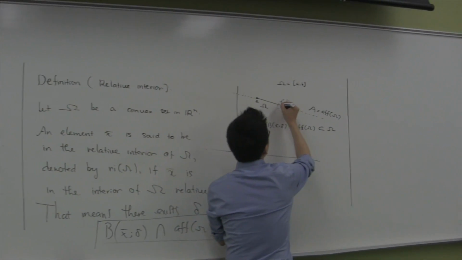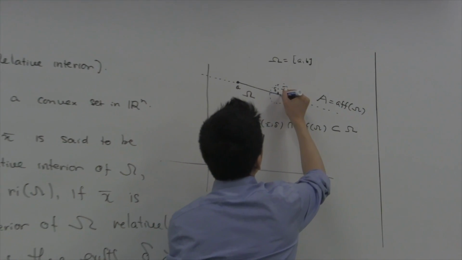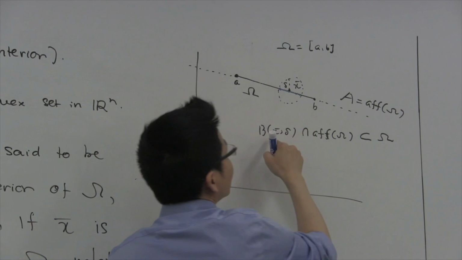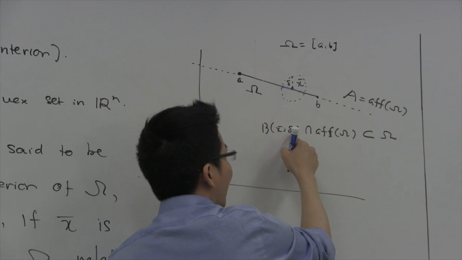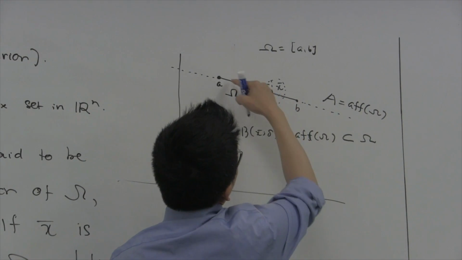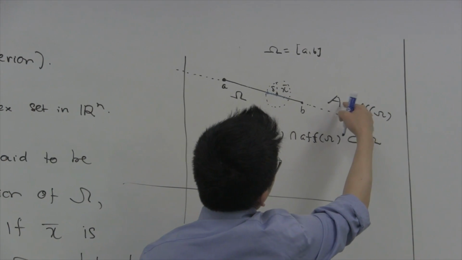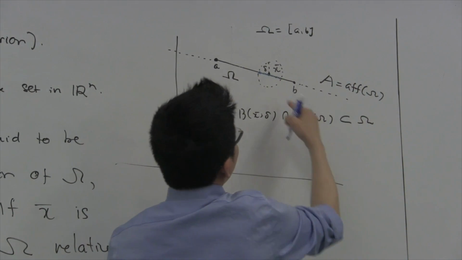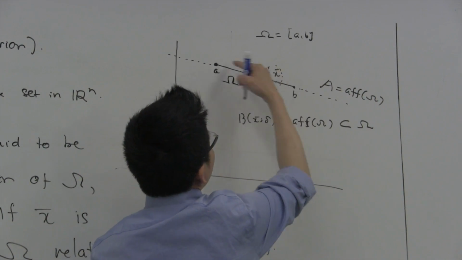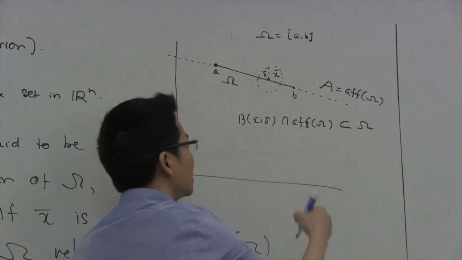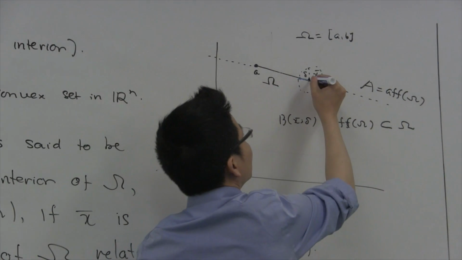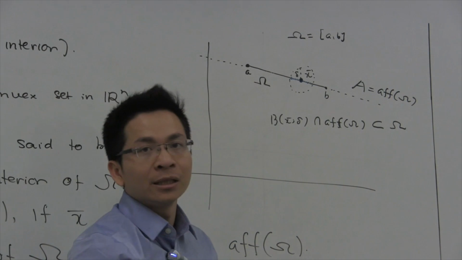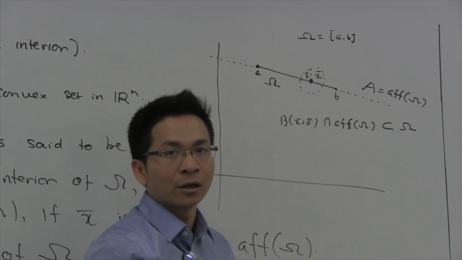So this is the intersection. Okay, this is the intersection of the ball centered at x bar and radius delta with the affine set generated by omega, and that is a subset of the set omega. So therefore, x bar here belongs to the relative interior of omega.